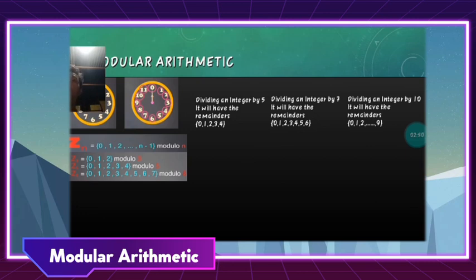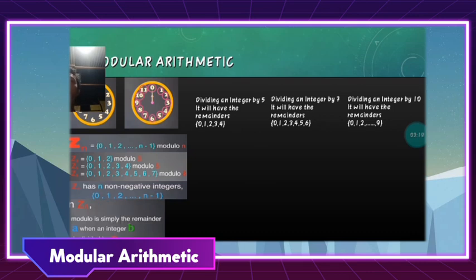Z sub 5 is equal to the set of integers 0, 1, 2, 3, 4 modulo 5. Z sub 8 has the set of integers 0, 1, 2, 3, 4, 5, 6, 7 modulo 8. Note that Z sub n has n non-negative integers, which are basically the integers from 0 to n minus 1.